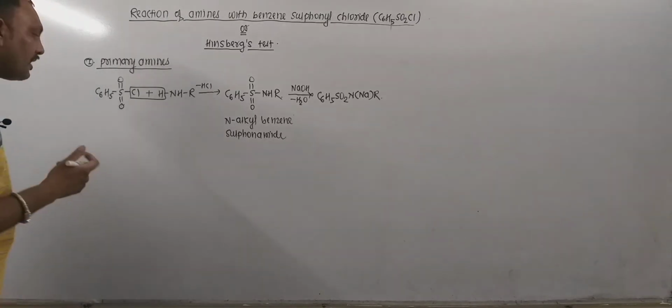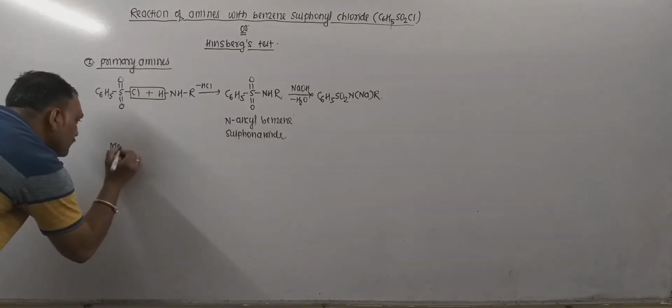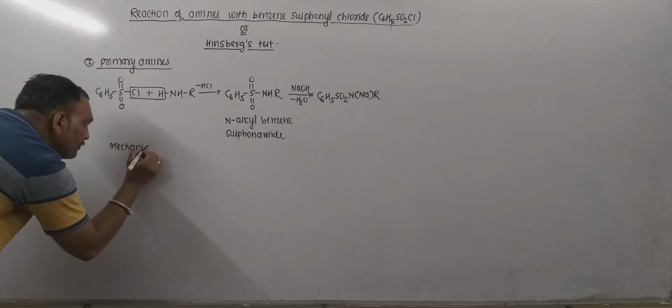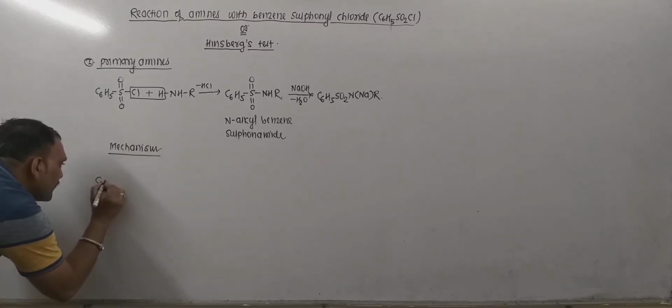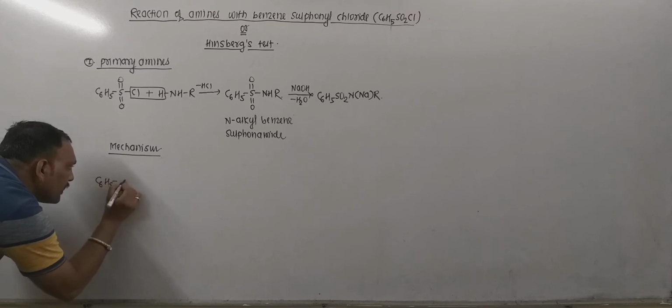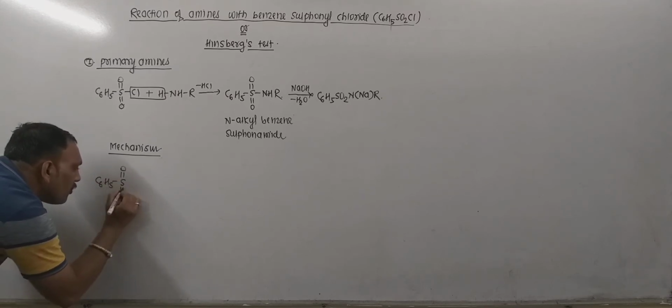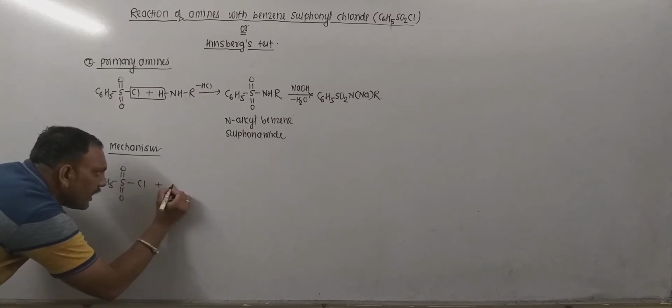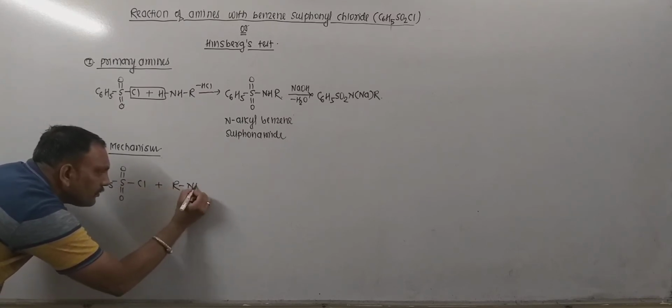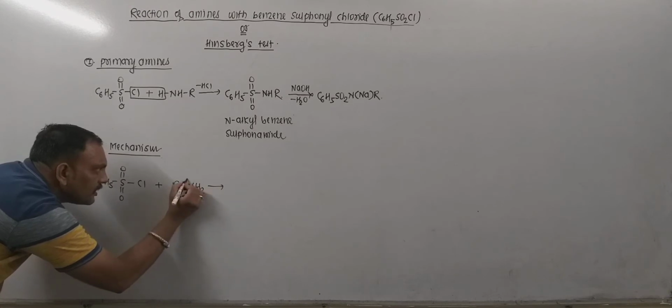Now take a look at the mechanism of this reaction. The mechanism is very simple. So Hinsberg's reagent, that is C6H5SO2Cl, and our primary amine, which can be written in this fashion.